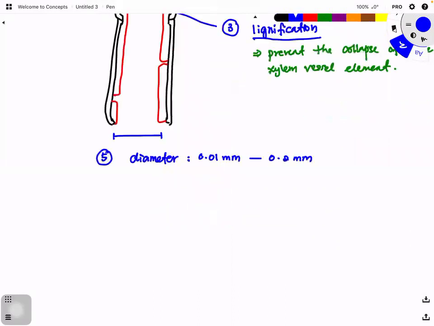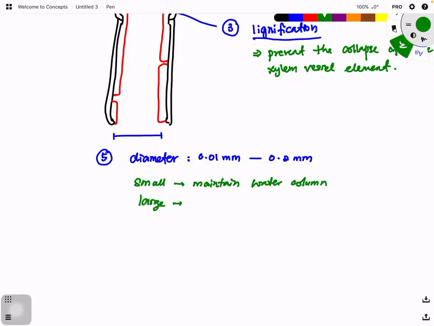Now, it is a bit difficult to explain this. It's small enough to maintain the water column, but it's not too large to break the column.